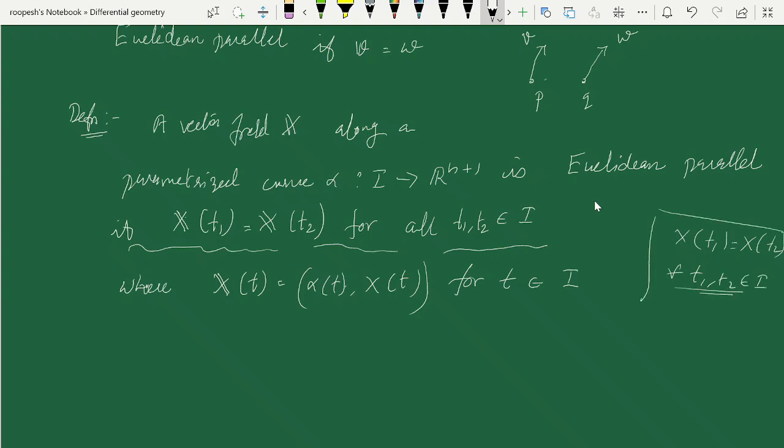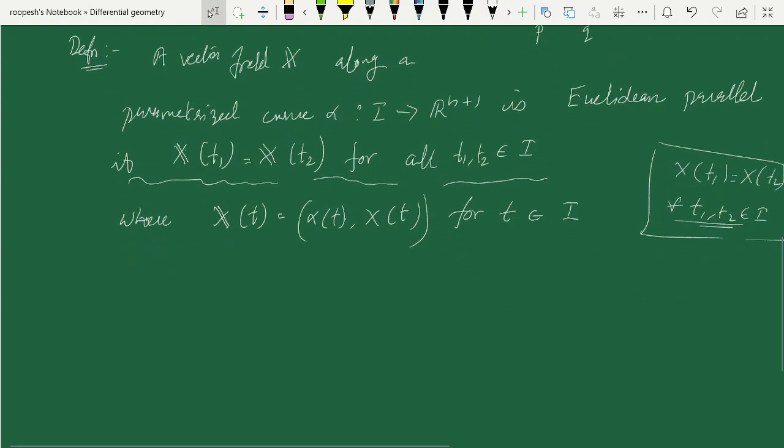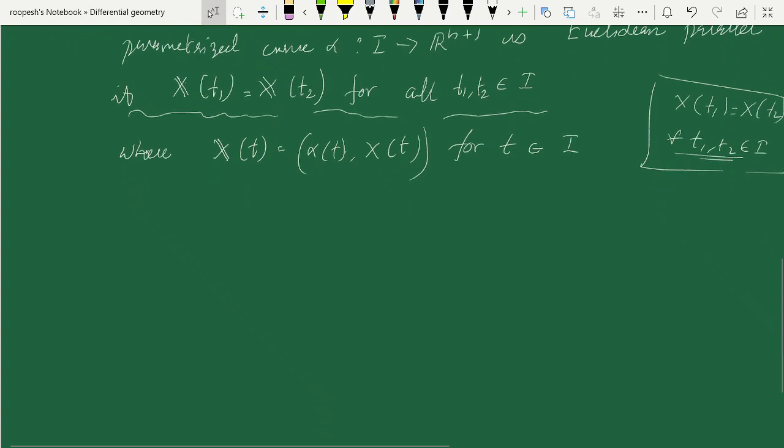This is also true. Thus what follows is whenever we say that Euclidean parallel, its covariant derivative should be 0. What is the reason? Here it is given that X(t1) equal to X(t2) for all t1, t2 belongs to I. That means X(t) is going to be a constant one. So when you are finding its derivative, it should be 0.